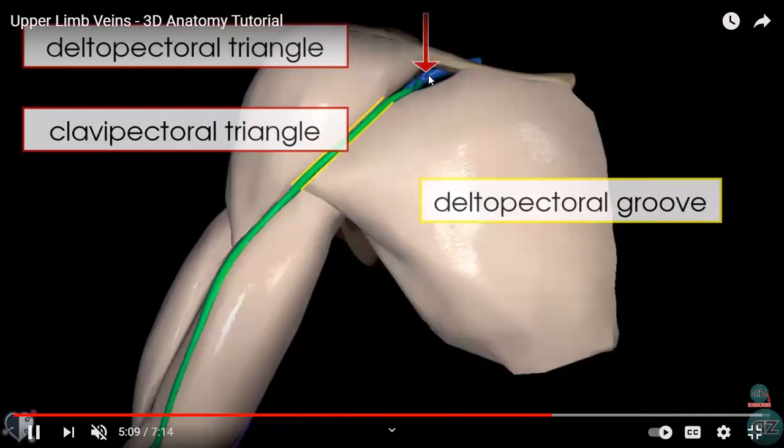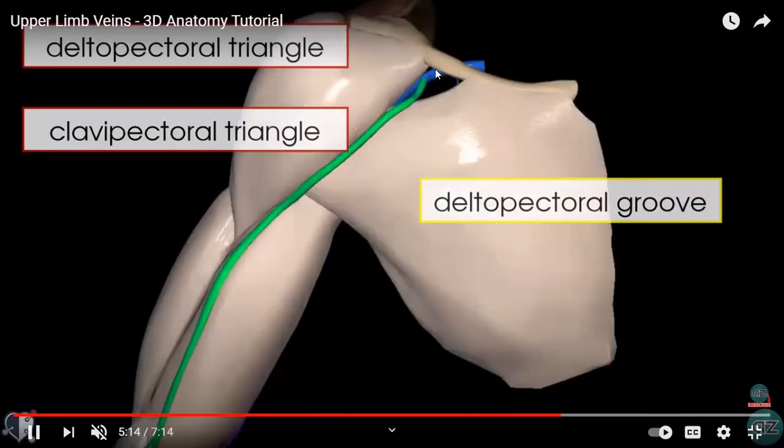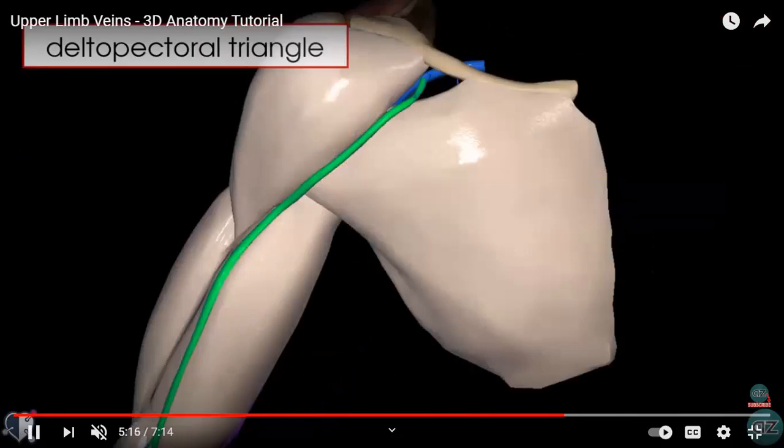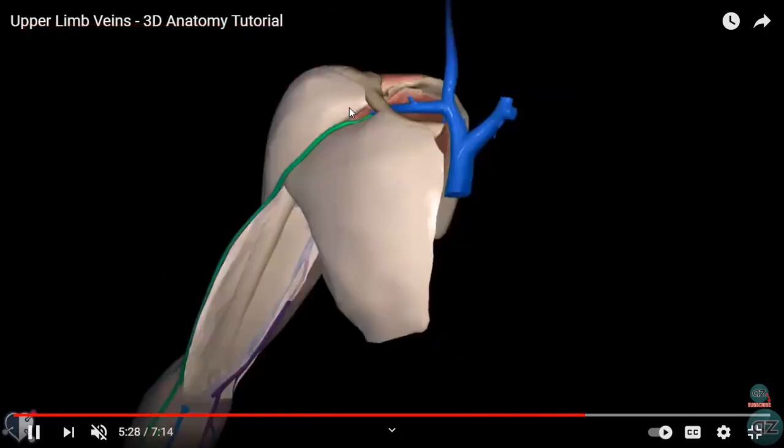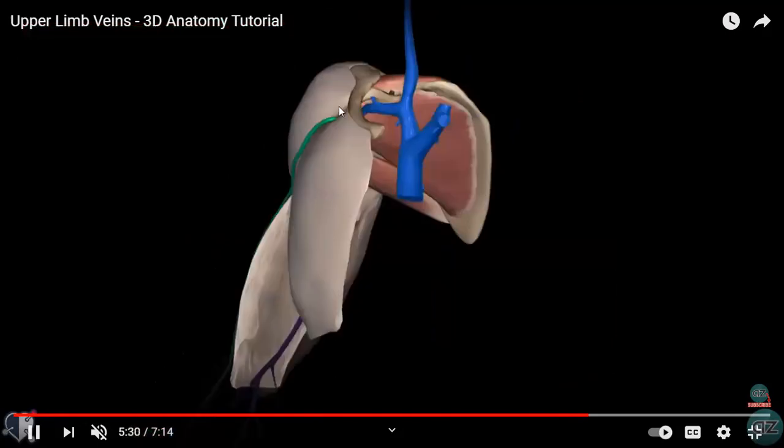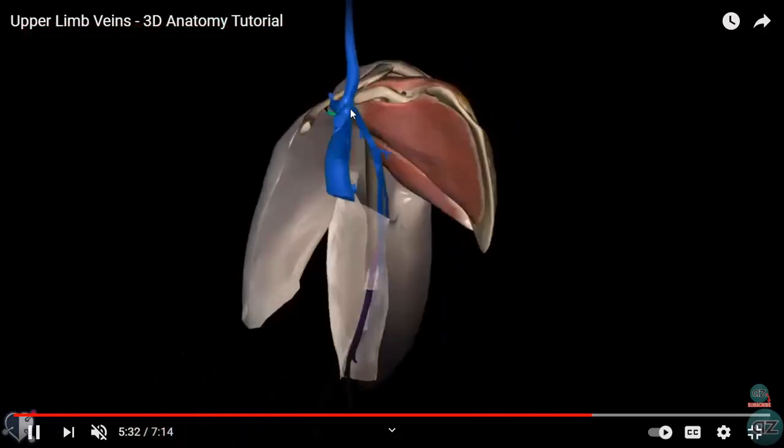The fascia we have here is the clavipectoral fascia. It pierces and opens into which vein? Axillary vein. This is the deltopectoral triangle. What are the boundaries? Pectoralis major, deltoid and clavicle. These three. It pierces here and opens into this axillary vein.